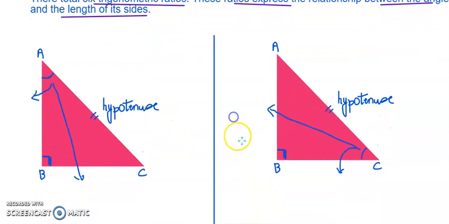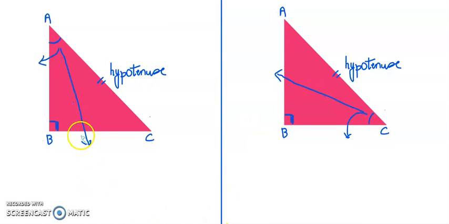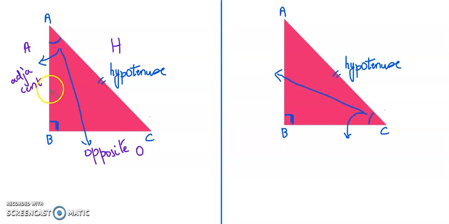I'm going to first take the angle A. Again, we are going to label the opposite and adjacent sides. For angle A, the opposite side is BC and the adjacent side is AB. In short form, we write capital H for hypotenuse, capital O for opposite, and capital A for adjacent side.